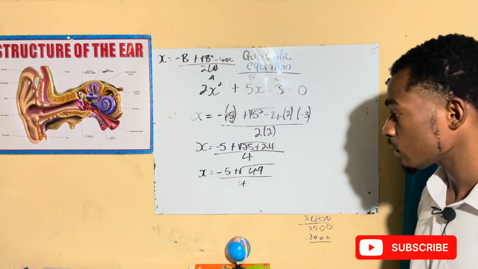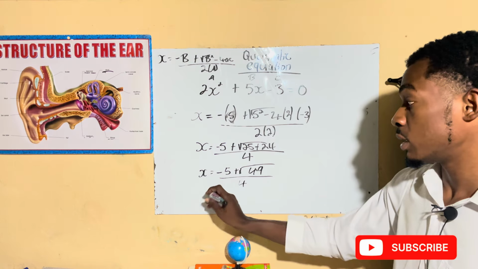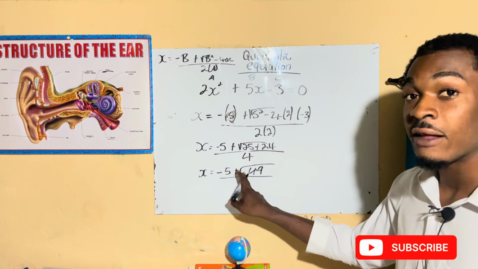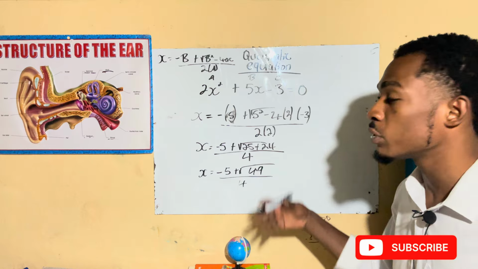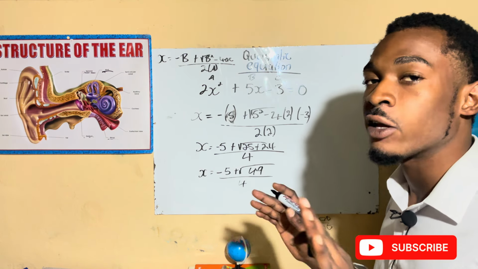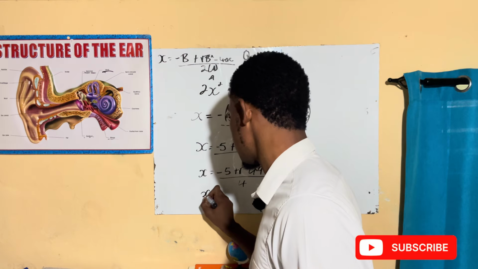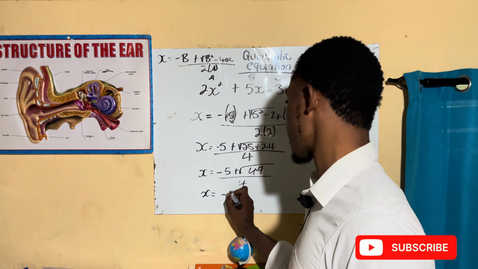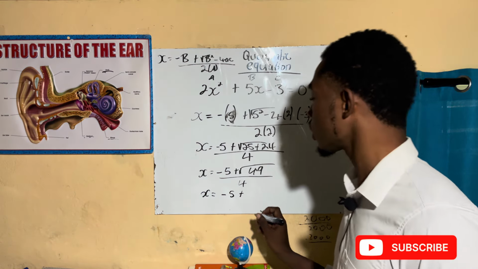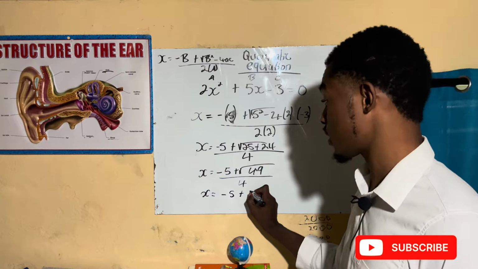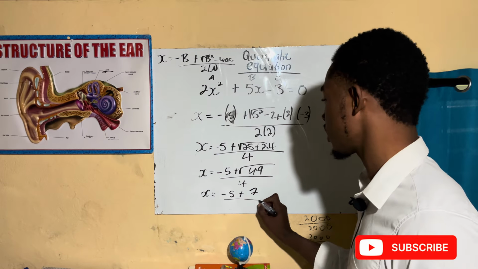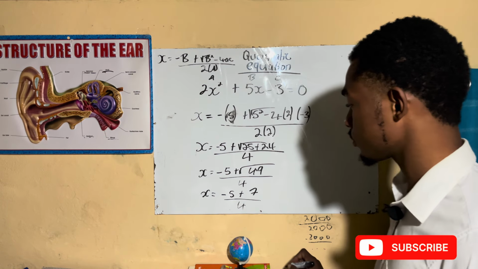Now we can find the square root of 49, so we solve it down until we find a number that we cannot find the square root of. So x equals negative 5 plus the square root of 49, which is 7. So negative 5 plus 7, and this is over 4.